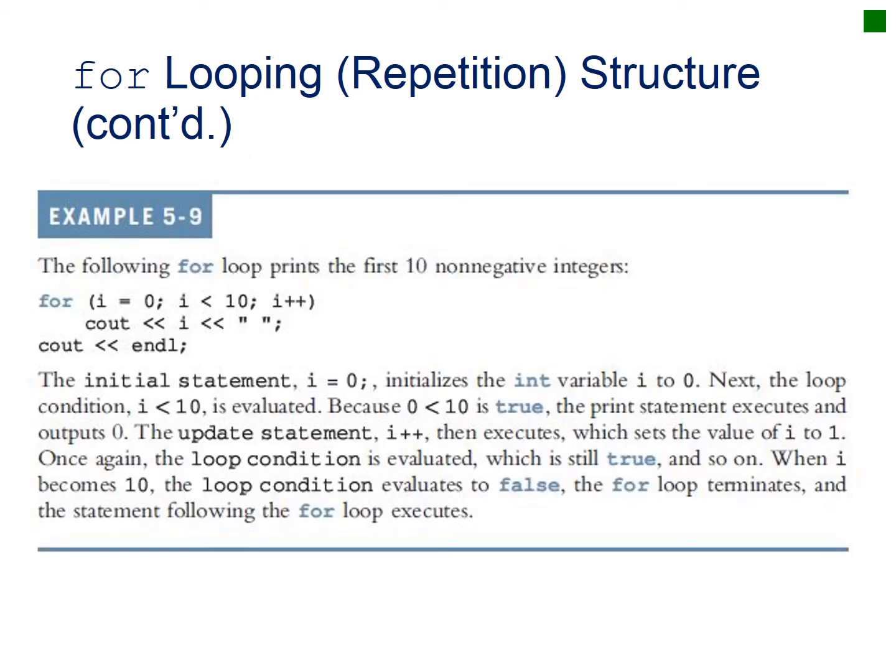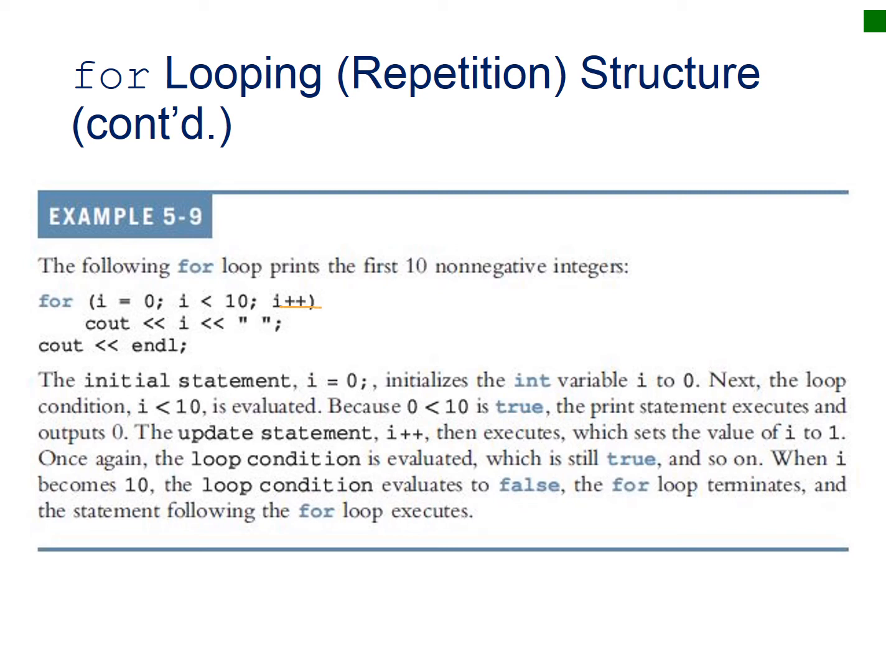Let's look at an example. The following for loop prints the first 10 non-negative numbers. The initial statement, i equals 0, initializes the integer variable i to 0. Next, the loop condition, i is less than 10, is evaluated. Because i is less than 10 is true, the print statement executes and outputs 0.